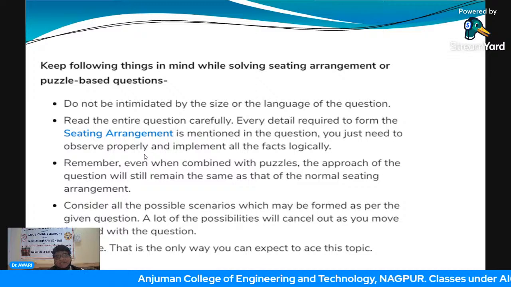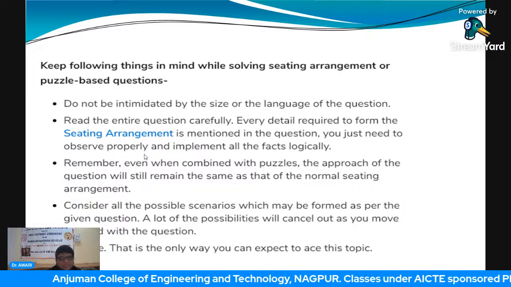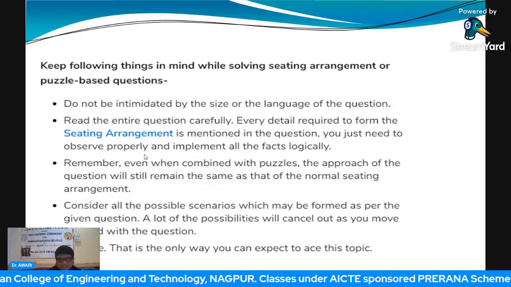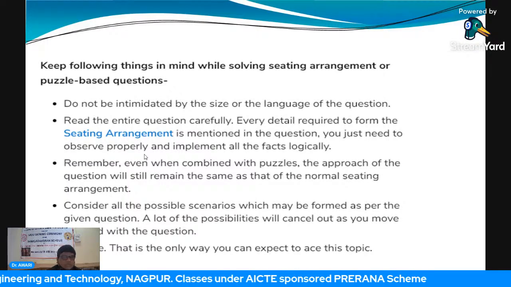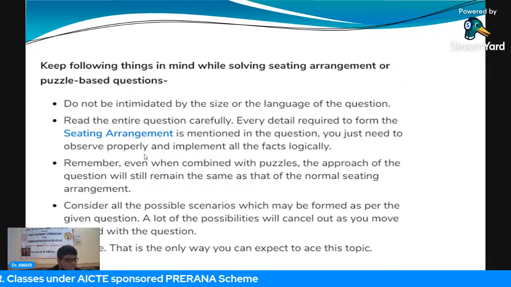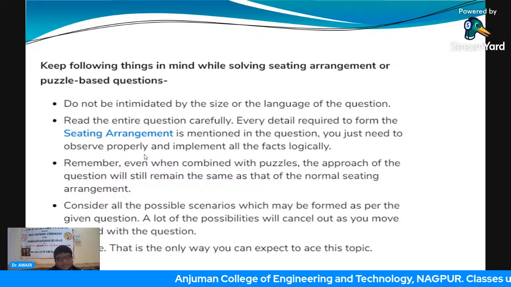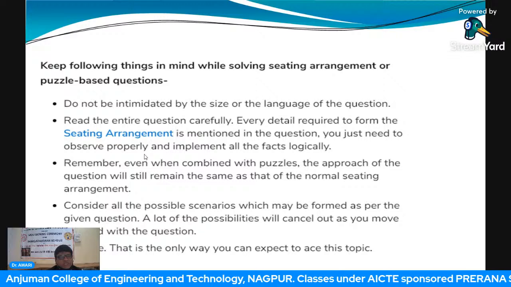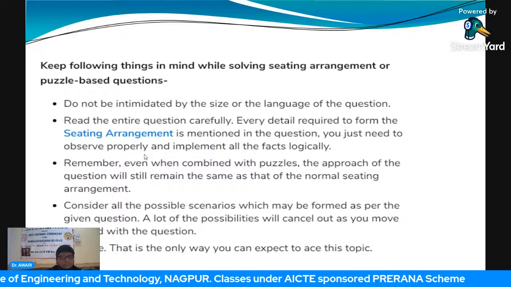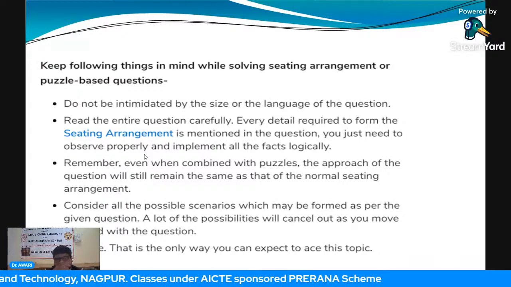Every detail required to form the sitting arrangement is mentioned in the question. You just need to observe properly and implement all the facts logically, which means the questions are not wrong; they are properly framed.